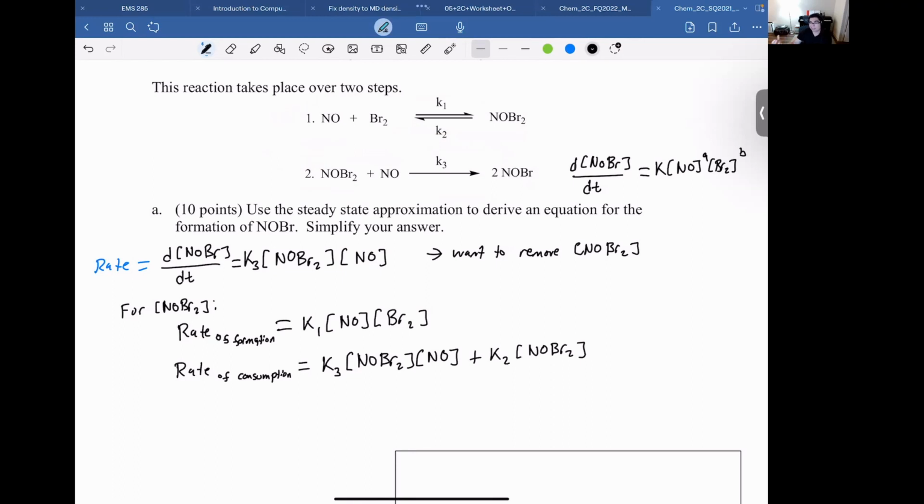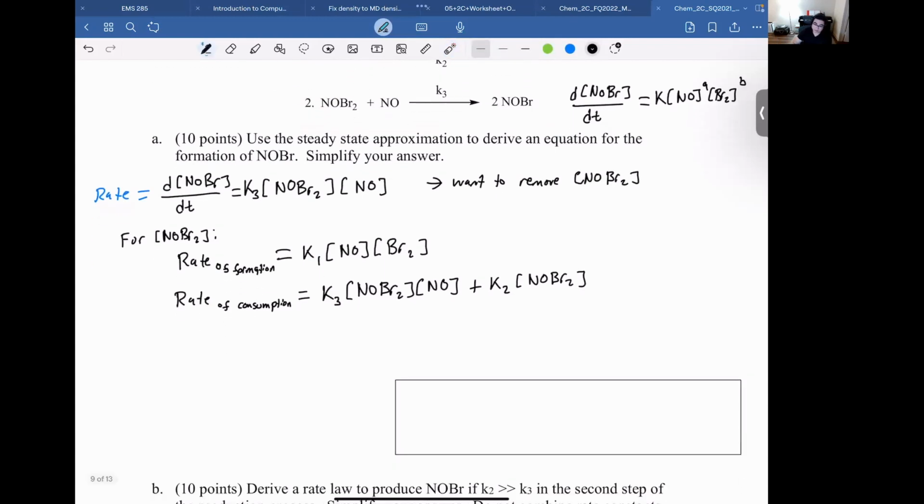And both of these together are telling me how quickly it's getting consumed. How fast is it getting used up in the second one, and how fast is it going backwards in the first one? It doesn't like being NOBr2, so it decomposes and goes back. These are the two ways it's being consumed.